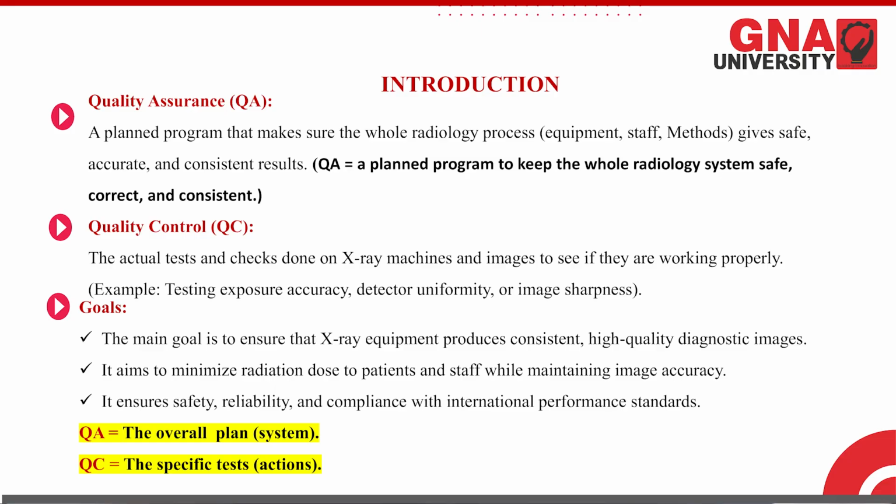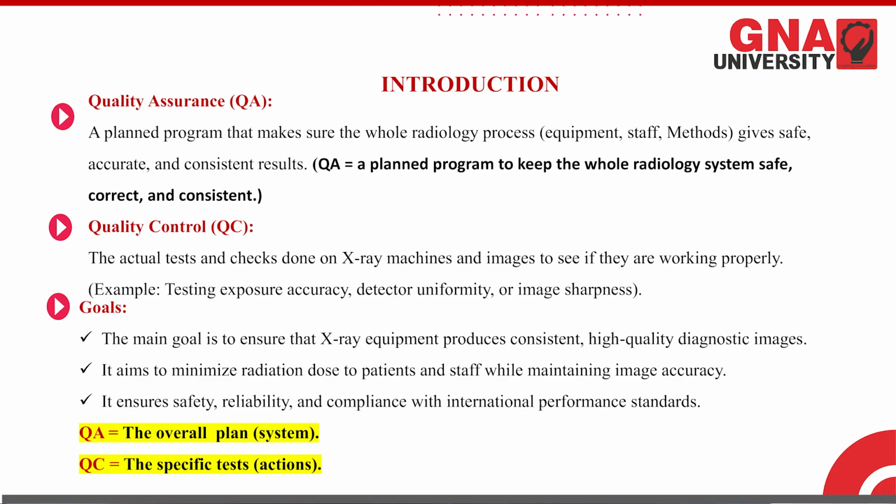Another goal is to ensure safety and reliability in line with international performance standards, that is, the guidelines provided by the Atomic Energy Regulatory Board, Bhabha Atomic Research Centre, AERB. We should align with those guidelines and regulations.